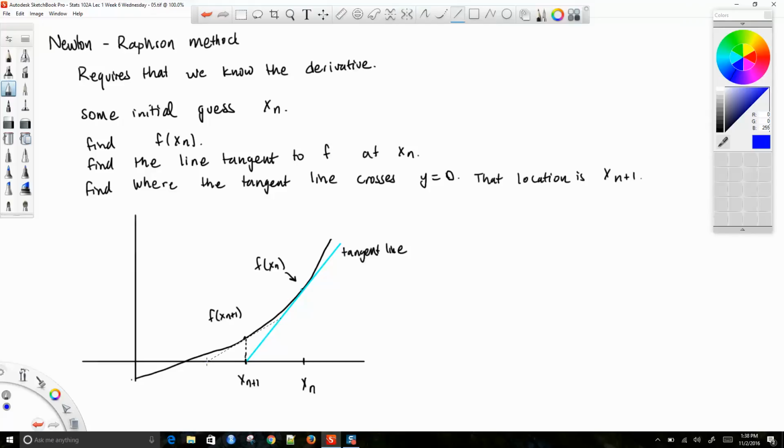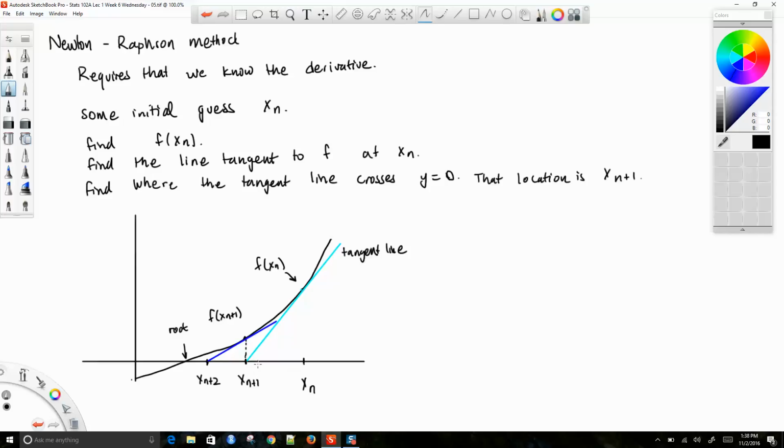Something like this. And then we just continue the iteration, and it will get closer and closer to the root right here. So this is going to be x of n plus 2, and so on until you get to the root.